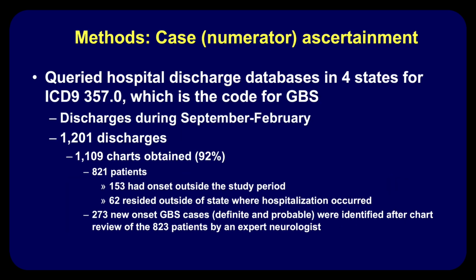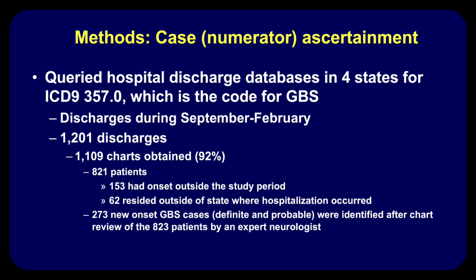So how did we proceed with this analysis? We queued this study off of hospital discharge databases in 4 states. And there is an ICD-9 code for Guillain-Barré syndrome, which we used in querying these databases.